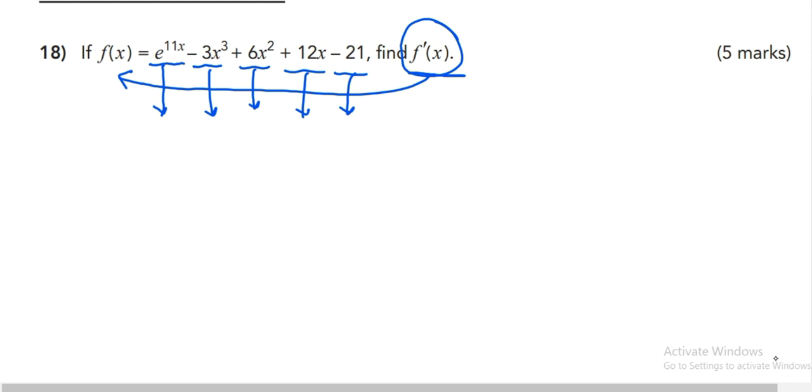E to the power of 11x, exponential, we will write the same function multiplied by the differentiation of the power. Second part, negative 3x to the power of 3, here it's direct: multiply by the power, subtract 1 from the power. 3 multiplied by negative 3 is negative 9. X to the power 3 minus 1 equal 2.